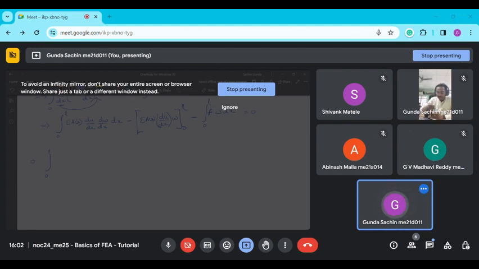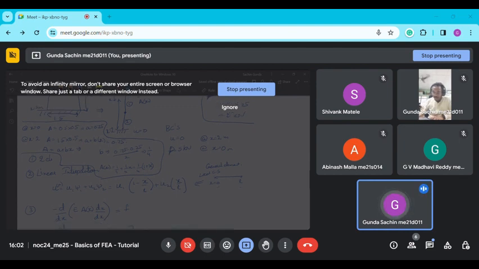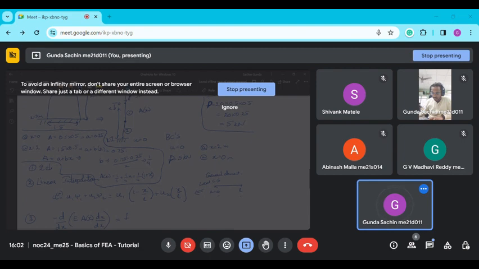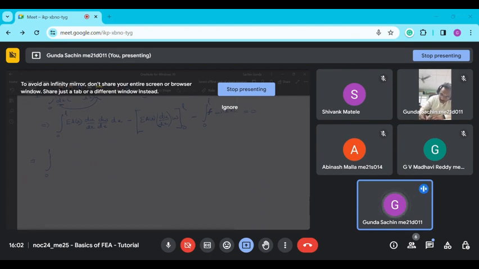So keep note that we are doing this whole integral just for one element, and we are right now dealing with the local coordinate system of the element, which is from 0 to l. Later, while doing assembly, we can use it for two elements and then see how it goes.